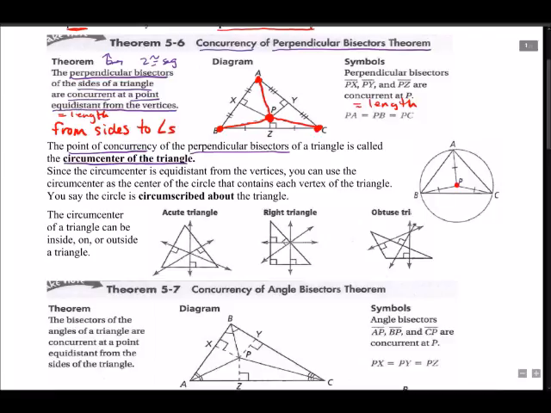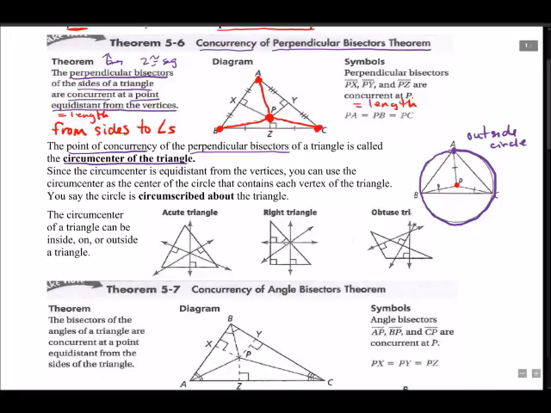And if we use these equidistant segments, these segments that have the same length, and we set our compass, put the point in the middle and set our compass, we can draw a circle around the outside. This is an outside circle that touches all the points, all the vertices of our triangle.